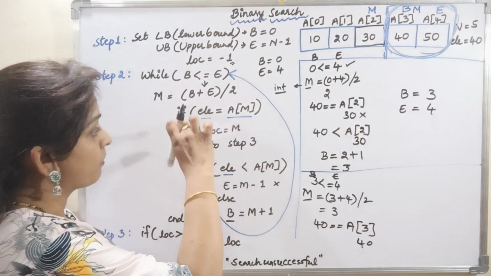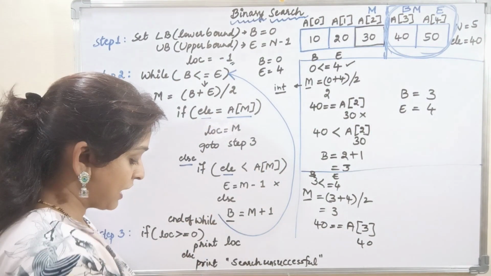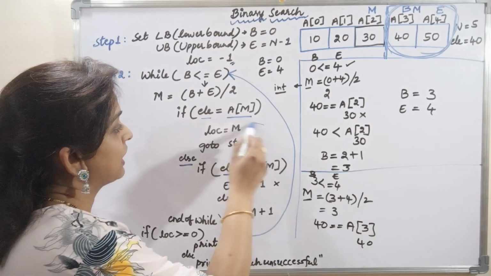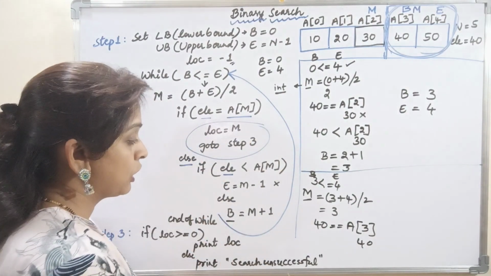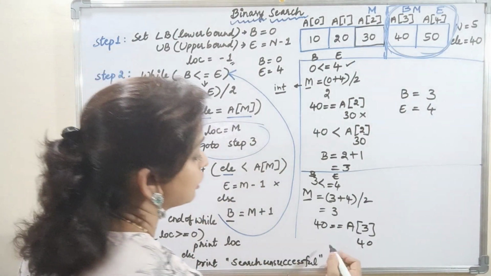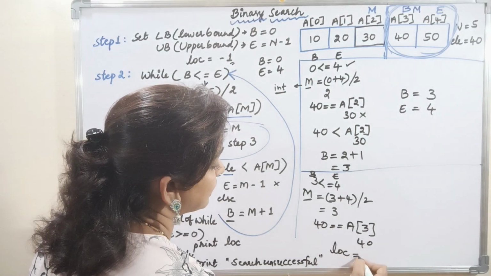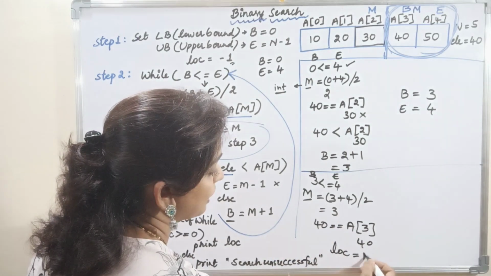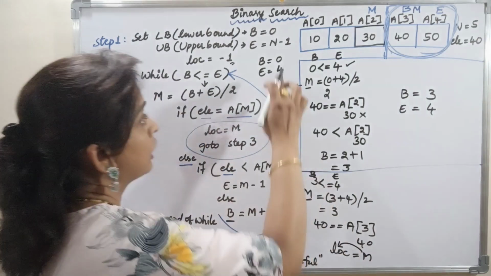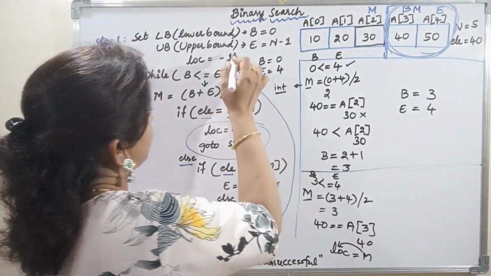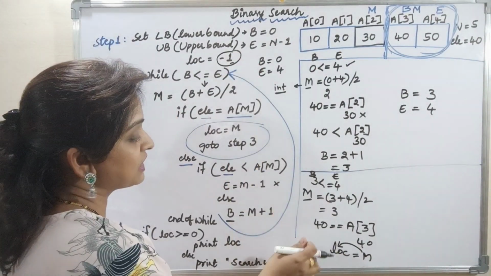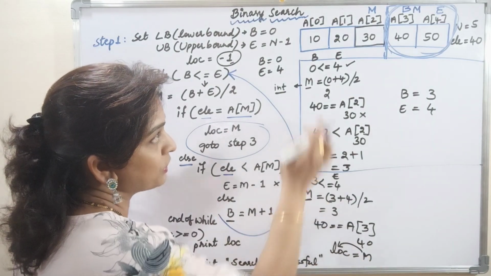Then what should I do? I have to execute these two things. I'll simply grab the position, location equal to m. What is the value of m? It is 3. Now location is changed. Location was -1. Now it is changed to the mid value, which is 3.